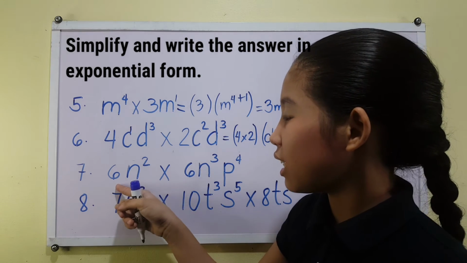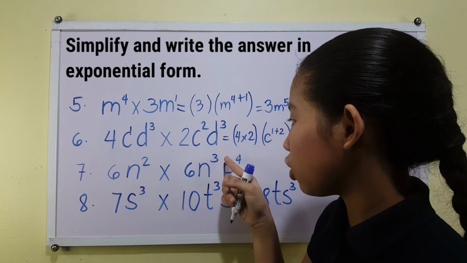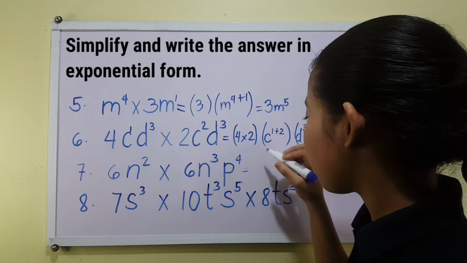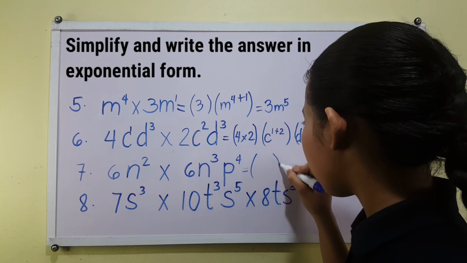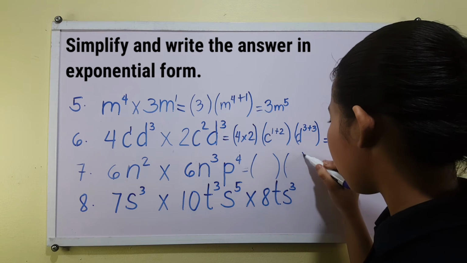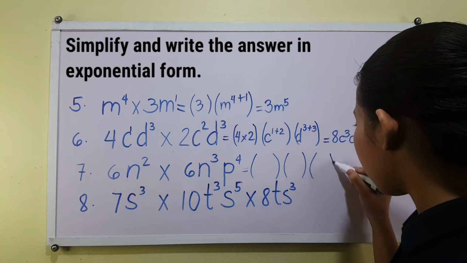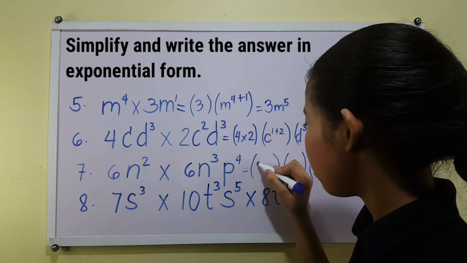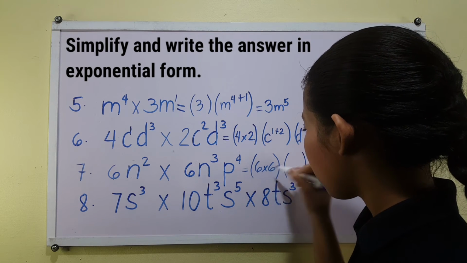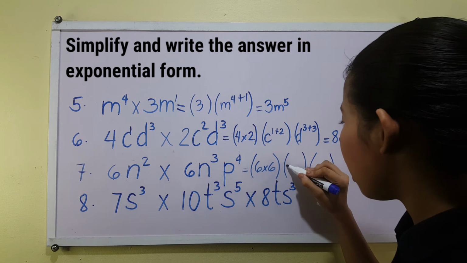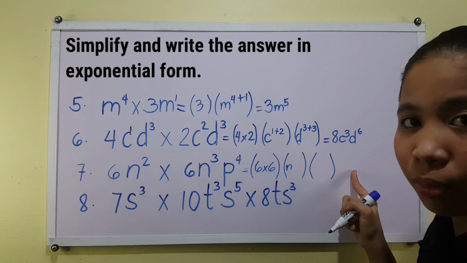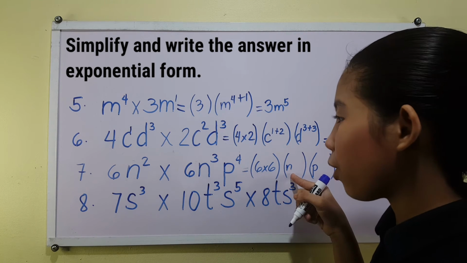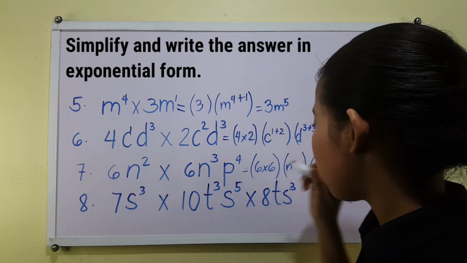Next, we have 6n squared times 6n cubed and p to the power of 4. For our first group, we will have 6 times 6. For our next group, we have the base n. And for our last group, we will have the base p. The exponents of our base n are 2 plus 3.